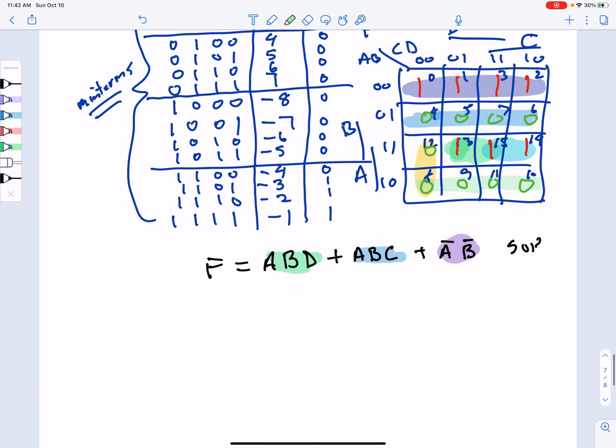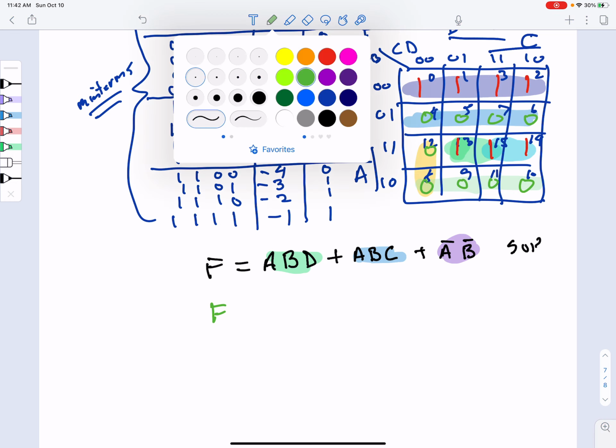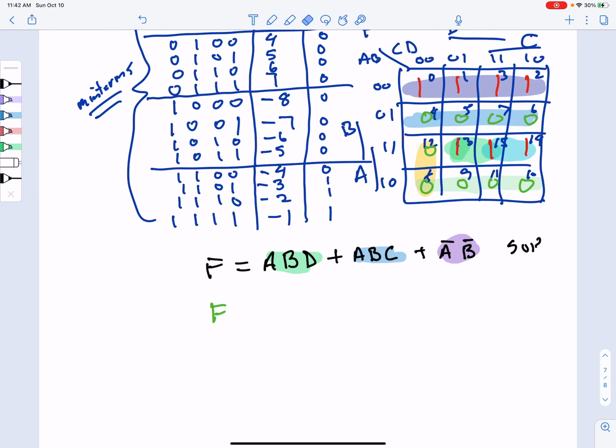To circle the zeros, I'm making a circling for F bar.